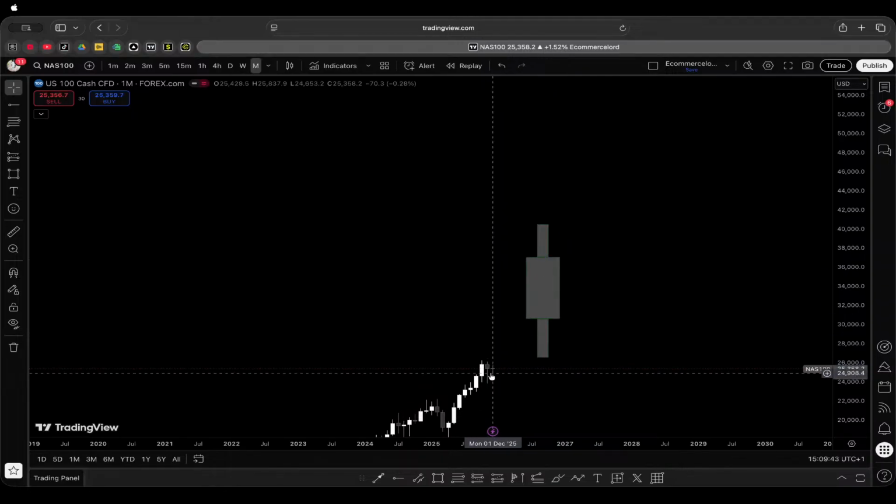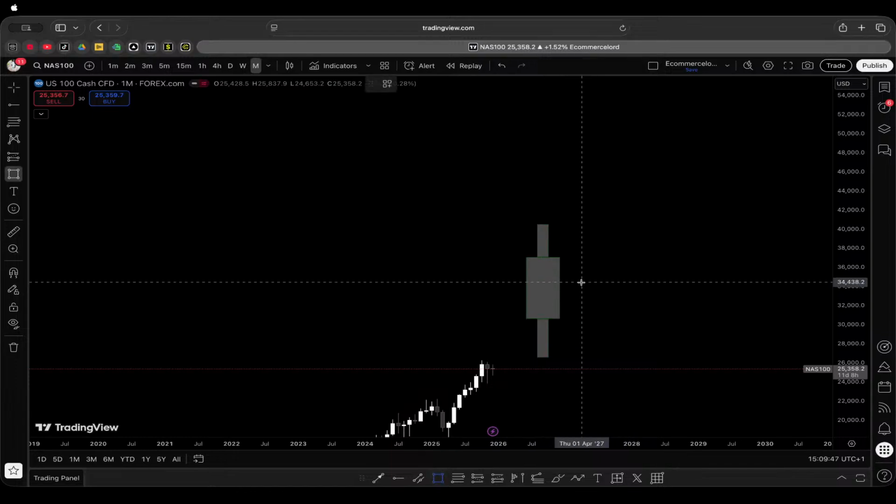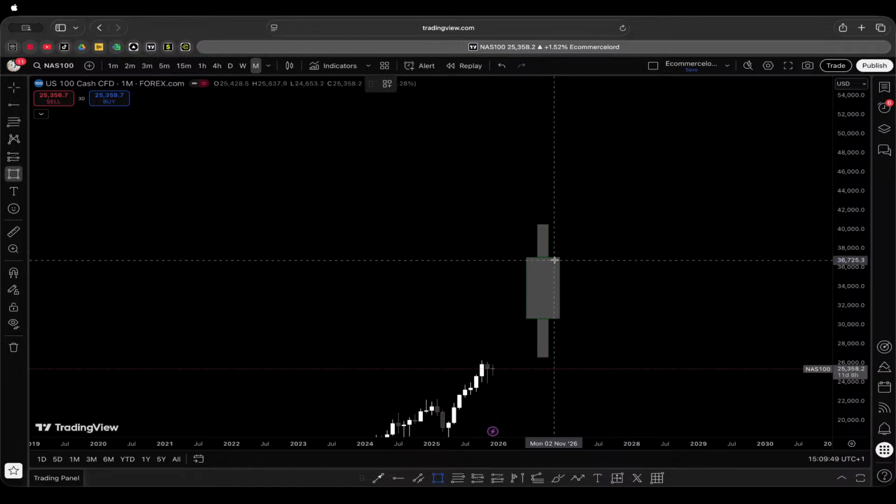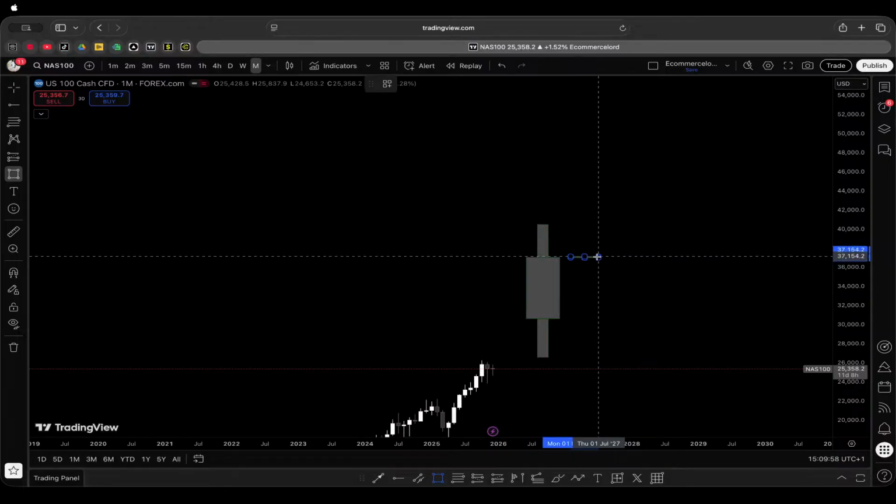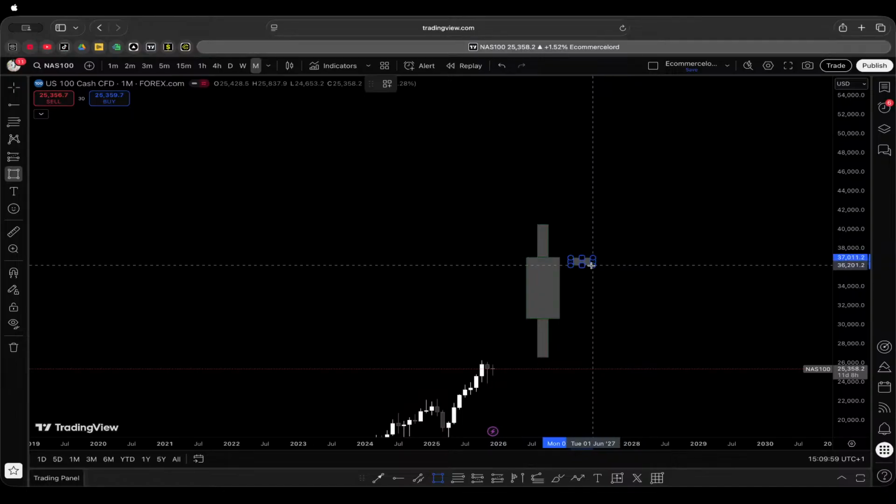For this bearish candle, let me explain how it came about. As this particular candle closed here, the next candle opened from the closure. That is how the bearish candle started. The bearish candle is just the inverse of a bullish candle.